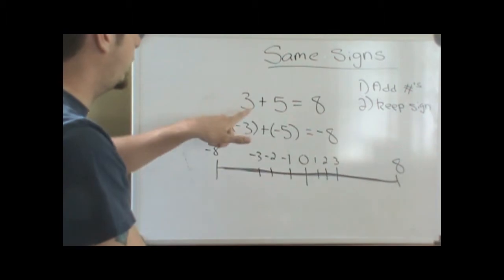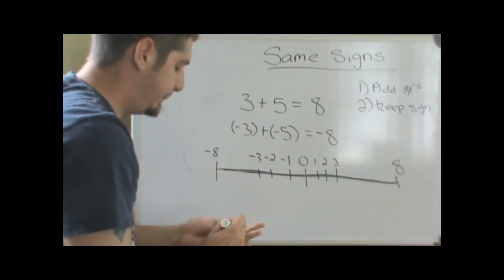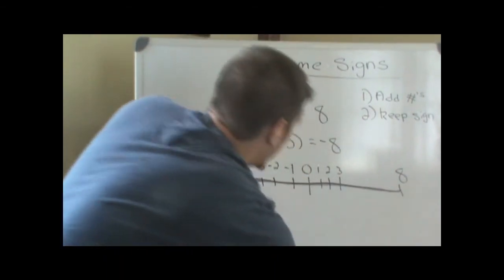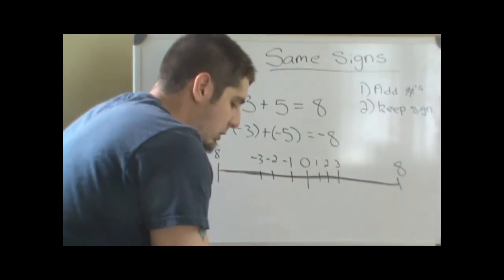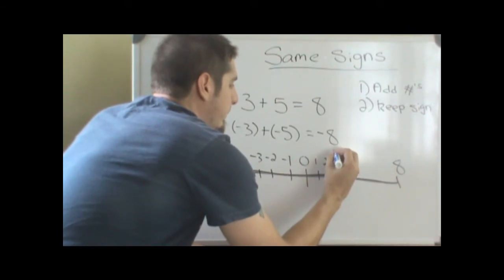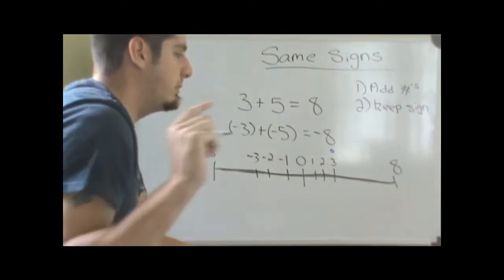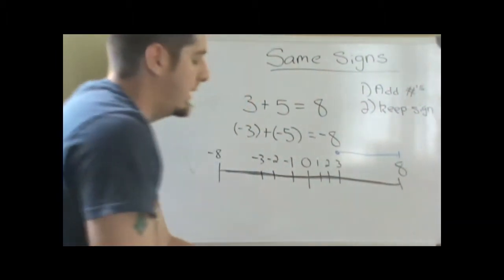Now, if we were doing 3 plus 5, you start at 3, and you add positive 5 to it. And when you add a positive number, it moves you to the right on your number line. So we're starting at 3, and we're adding a positive 5. So that's going to move us to the right 5 spaces, and that's going to bring us all the way up to positive 8.